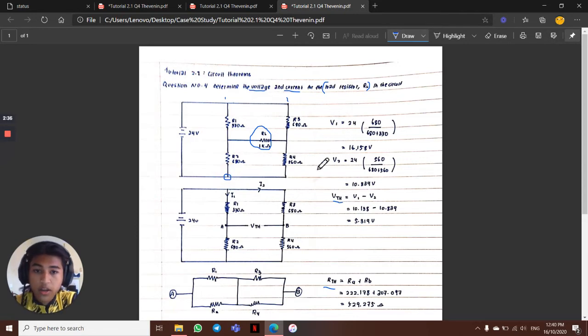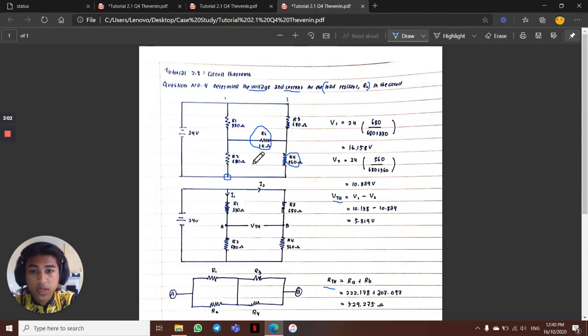Same goes to V2, which is the second terminal. Just use the same voltage divider, as the VS is still the same, 24 volt, in bracket 560 divided by 680 plus 560. The 560 is from R4.